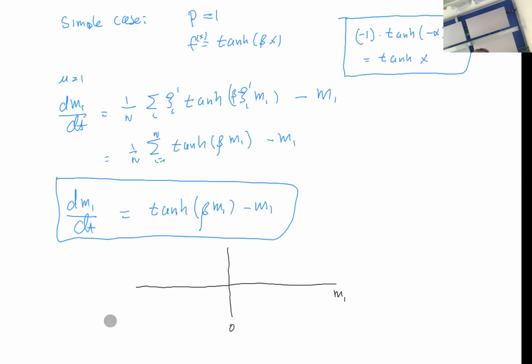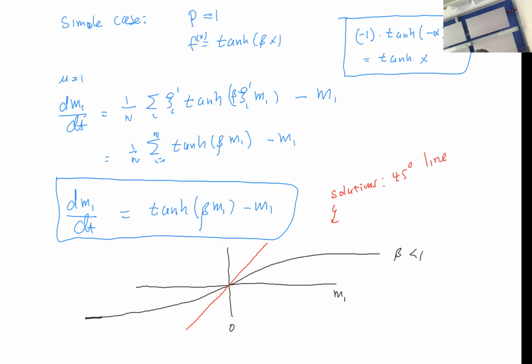If beta is small, so beta small, actually less than 1, we're actually looking for solutions to the 45-degree line, which is the red line, intersects tangent beta M1.